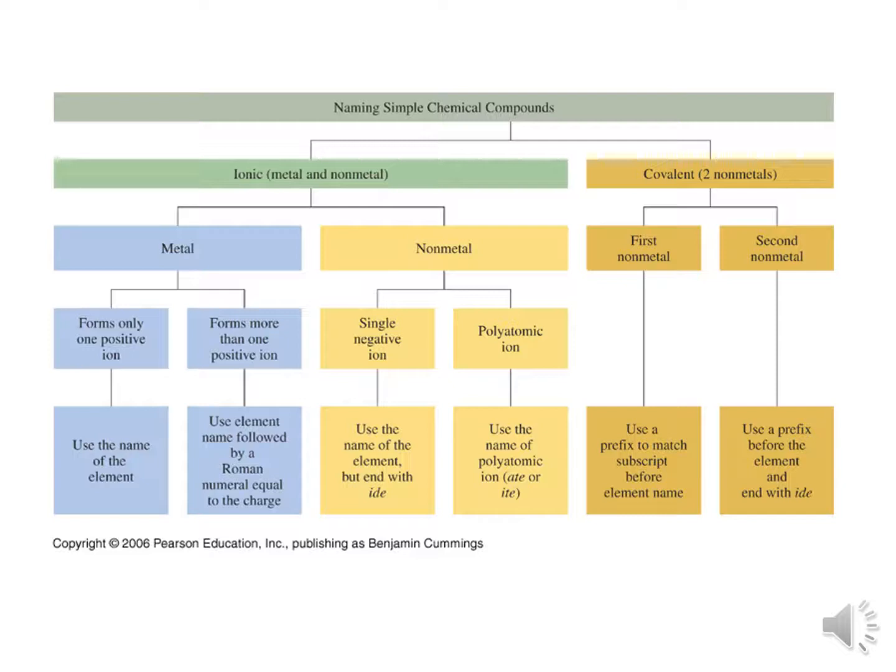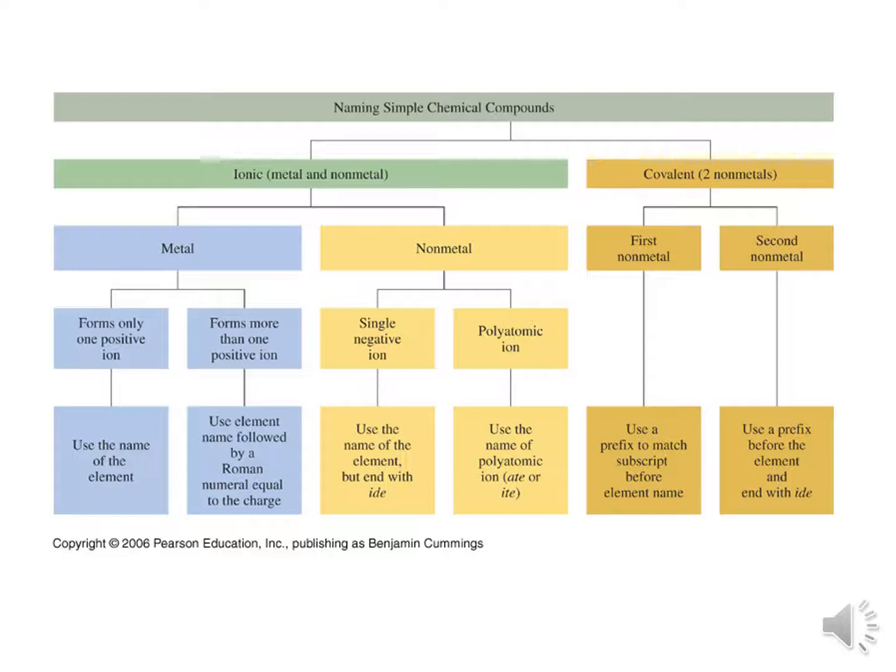In general, the transition metals are the ones with variable positive charge that need Roman numerals. On the nonmetal name, if it has only 1 single atom, then we use IDE as a suffix. If it's a polyatomic ion, then we use the memorized name for that polyatomic ion. And we always name ionics by simply naming the cation followed by the name of the anion.